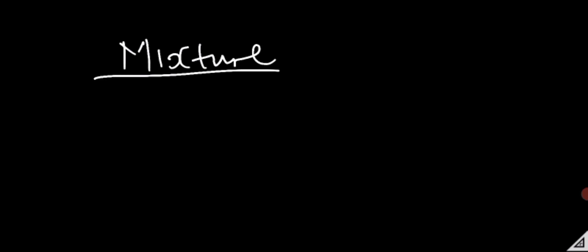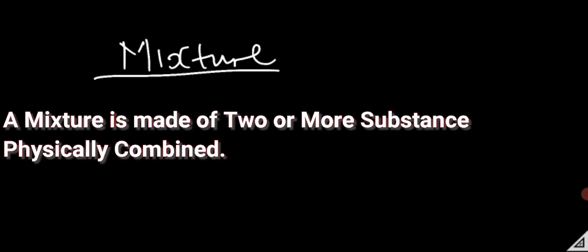Two substances generally. It can be elements, but let us generalize it. A mixture is made up of two substances that are what? Physically combined. They are not chemically combined, which means that they don't undergo chemical reaction to form the resulting substance. They undergo physical combination. They just come together without any chemical reaction.